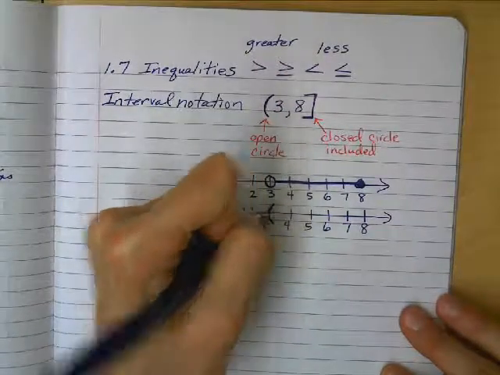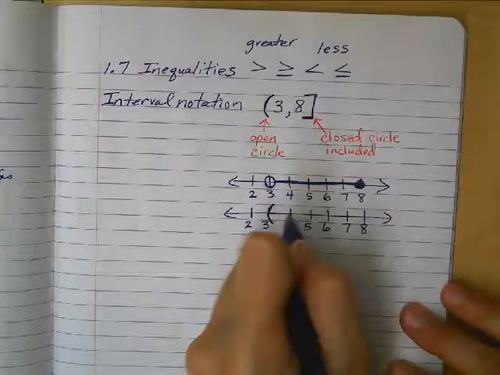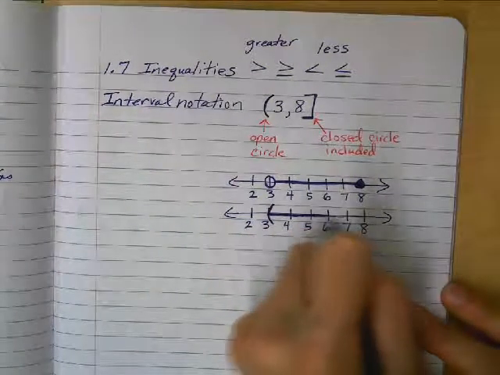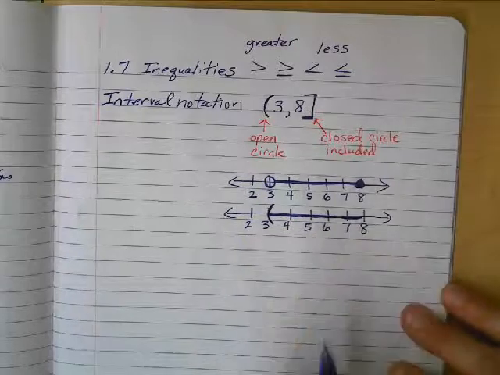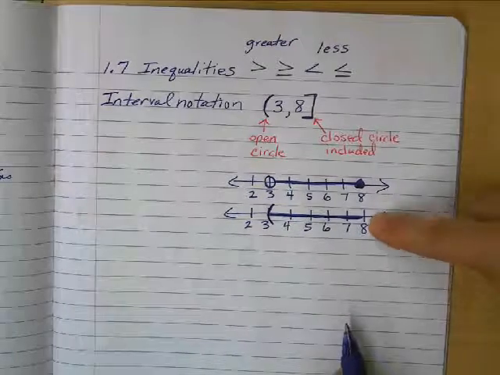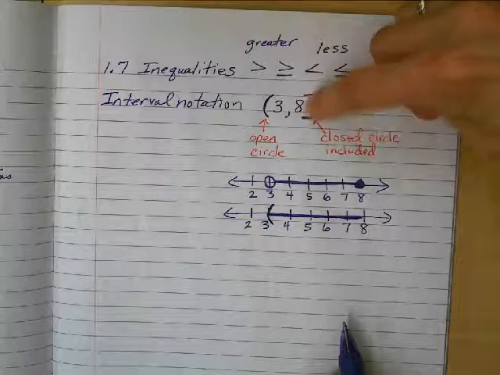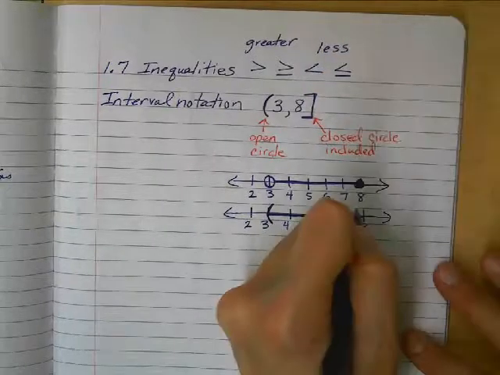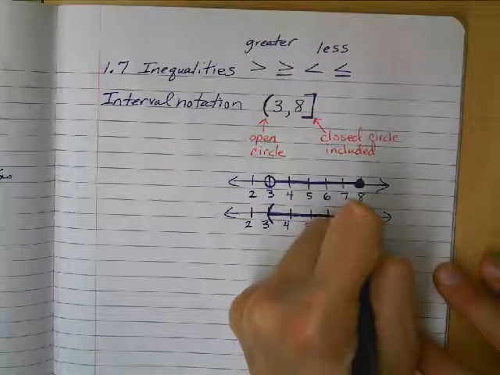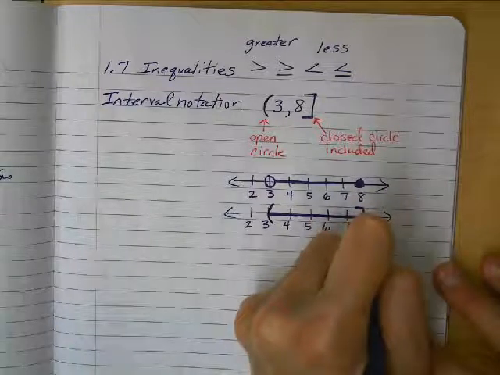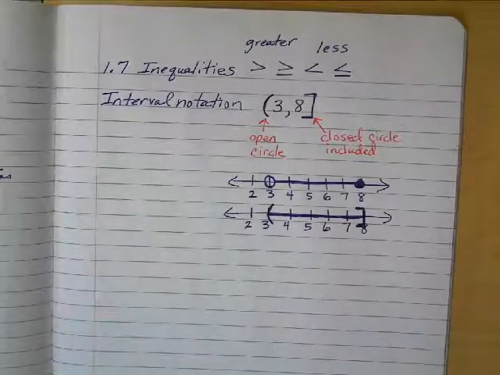It's really weird. I don't think I've ever seen this before, but that's how they're doing it. And instead of putting the closed circle on the 8, again they have that squared off bracket around it. They literally draw a squared off bracket on this 8. That's how they do it this time.